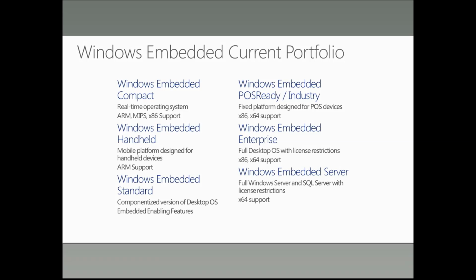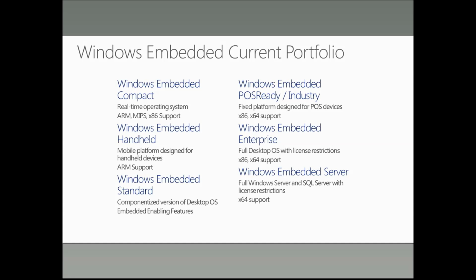You keep application and driver compatibility, but you're able to control how your image looks and behaves. The industry line of products, the one we're going to talk about today mainly, is a version of Windows Standard for specific markets. I'm going to talk about it later on, so I'm going to leave it at that for now.